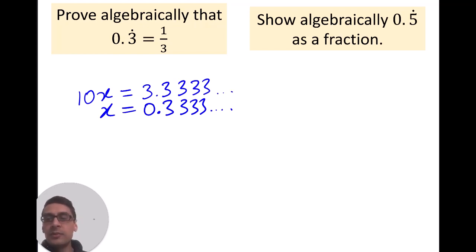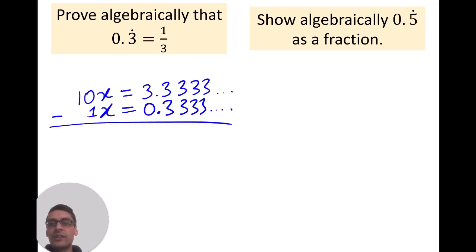We're then going to do a subtraction. So we can see from the subtraction 10x take away, well, this is actually 1x here. So 10x take away 1x is 9x equals, now for this subtraction, 3 take away 0 is just 3. The recurring part though, after the decimal matches in both cases, it's just 3 that goes on forever.